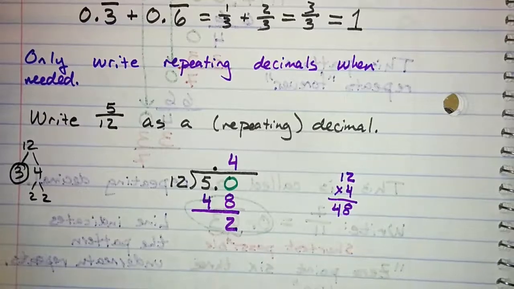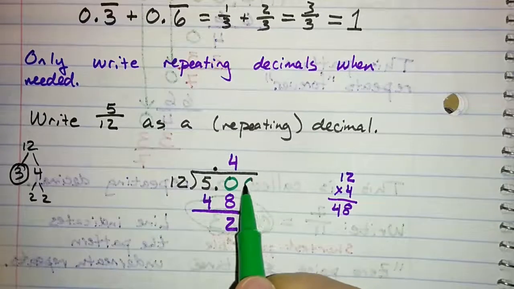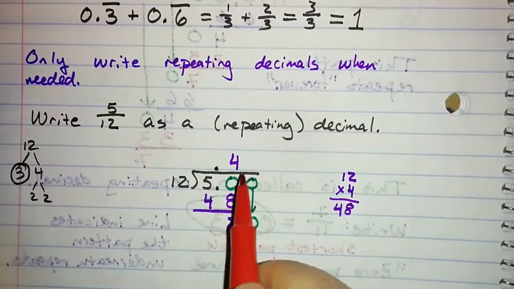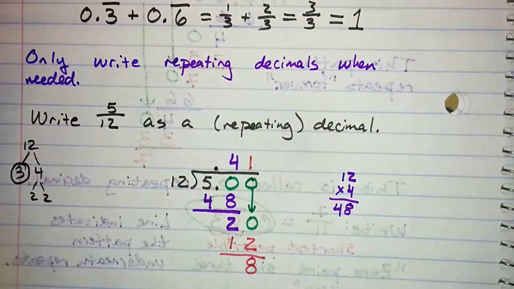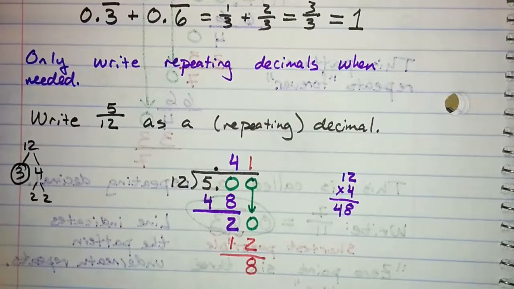Subtracting, I'll get 2. 5 and 2 are different. We aren't getting that pattern of remainders yet. 12 goes into 20 only once, since 1 times 12 is 12. 20 minus 12 is 8. 5, 2, and 8. No pattern of remainders yet.